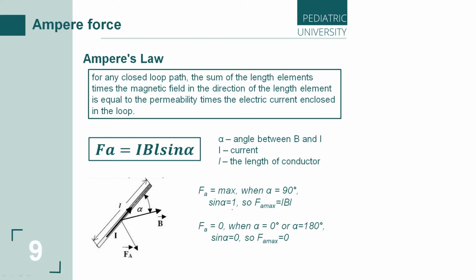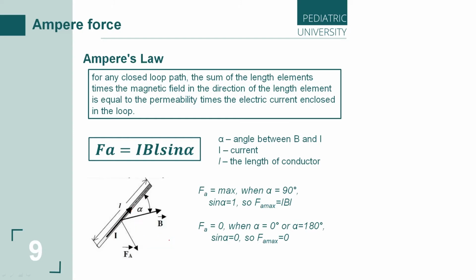This is the maximum of sine. So we can calculate the maximum ampere force using this formula without sine, since sine is 1. This is the maximum when the angle between the current and the magnetic induction vector is 90 degrees.